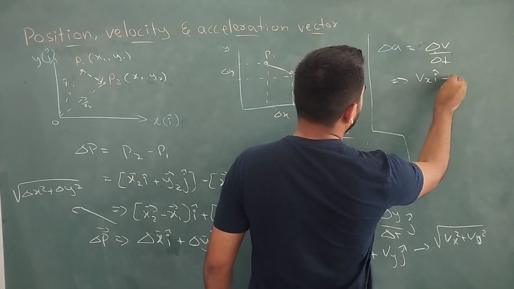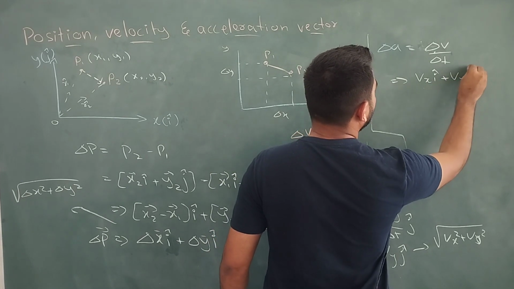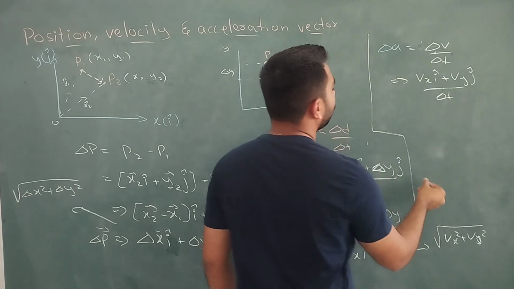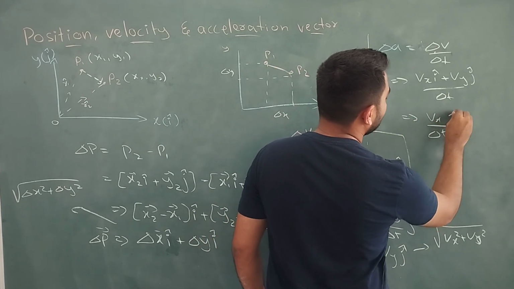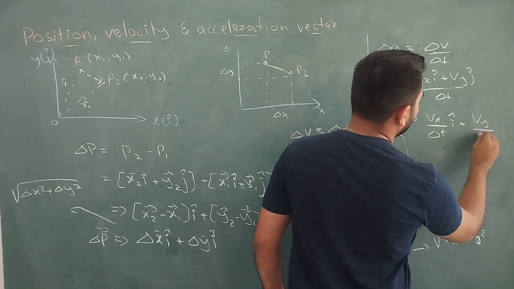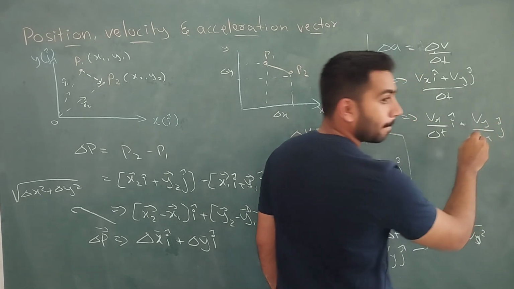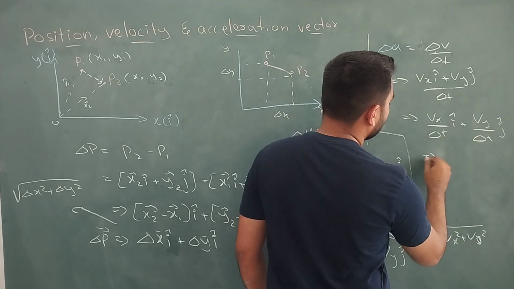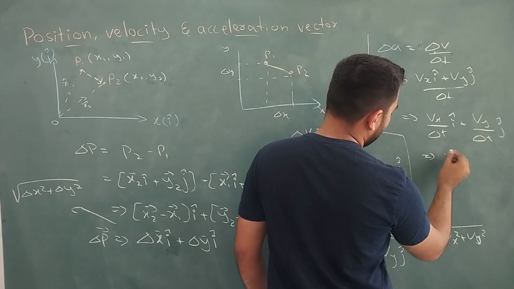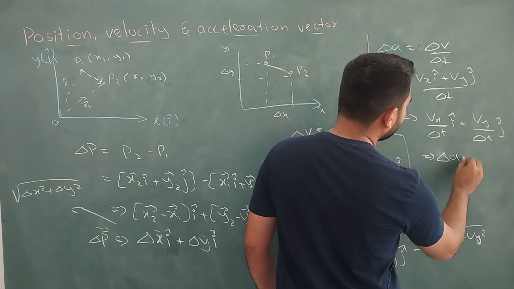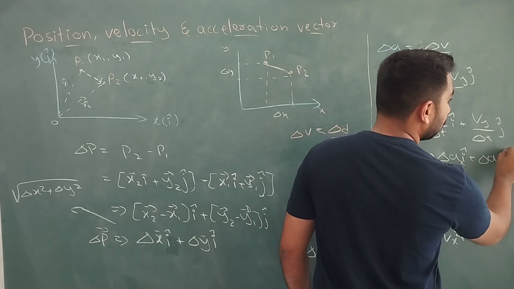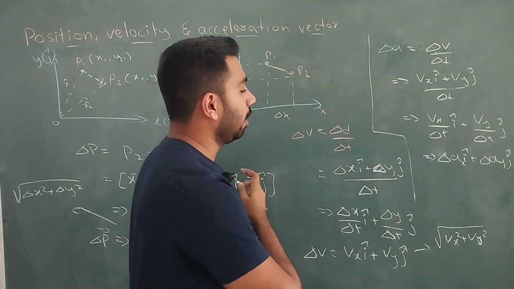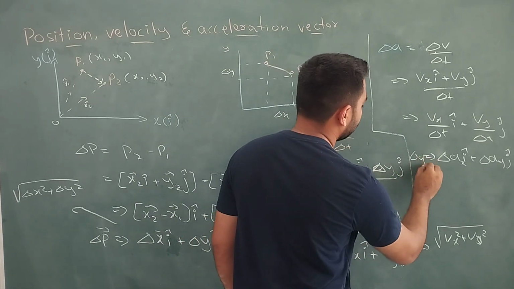Vx i plus Vy j divided by delta t. Now this becomes the same again. Now it becomes the x and y acceleration, total acceleration.